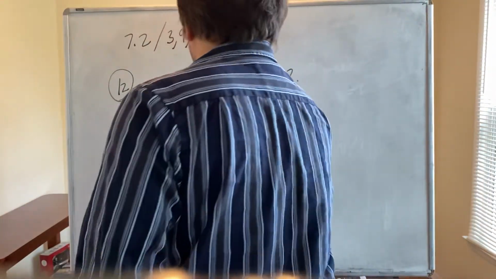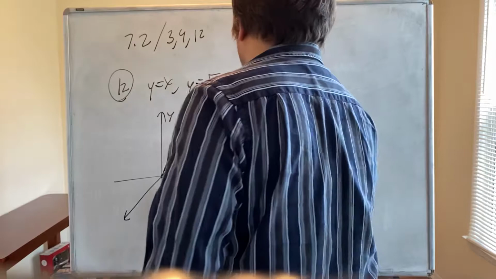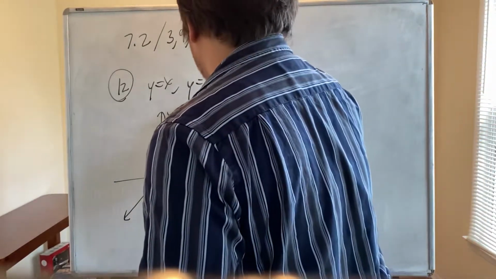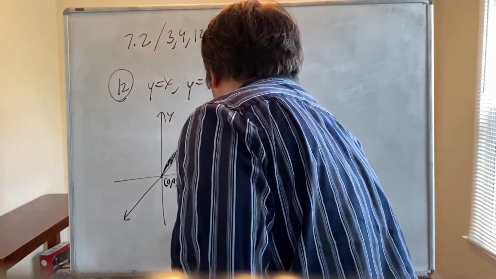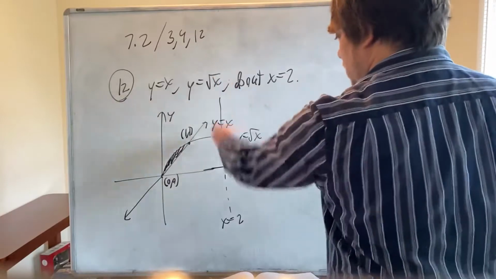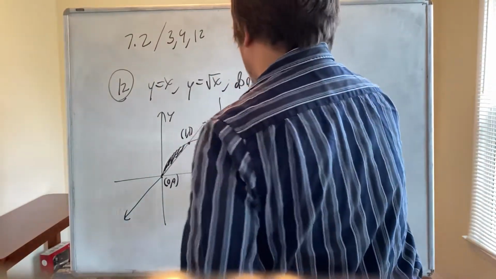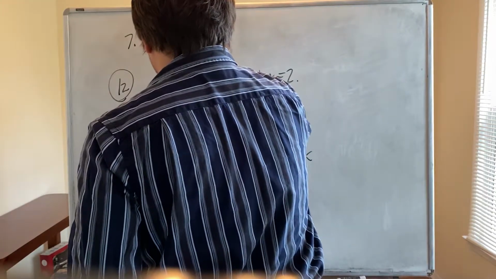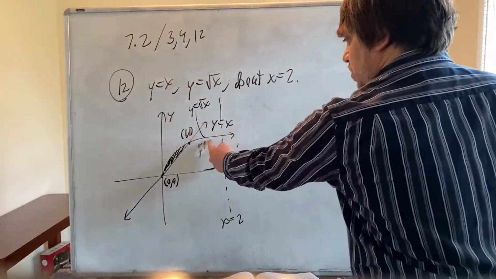And so let me extend the x-axis here further out, that's the x-axis. So here's x equals 2. That's x equals 2. And I'm going to take the mirror image of that about x equals 2. And I'm going to label y equals the square root of x over here. This is y equals the square root of x.